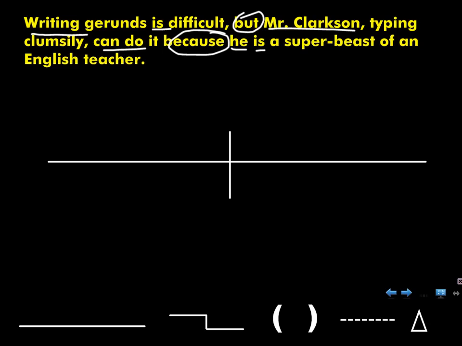Okay? Should be. What do you know about it? But how do we want to do this? Because Julia, what do you need for a gerund in order to indicate to a reader that this is a gerund?